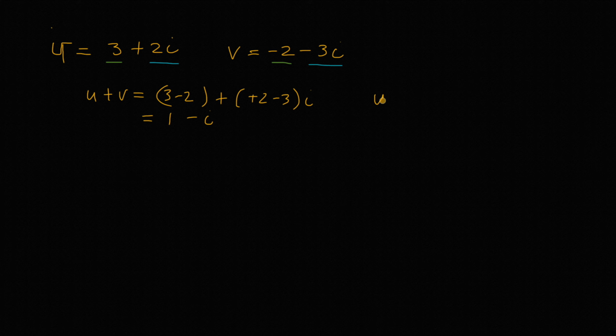If we do subtraction, we do exactly the same. We're going to say u, which is 3 plus 2i, and we subtract the v, which is minus 2 minus 3i.